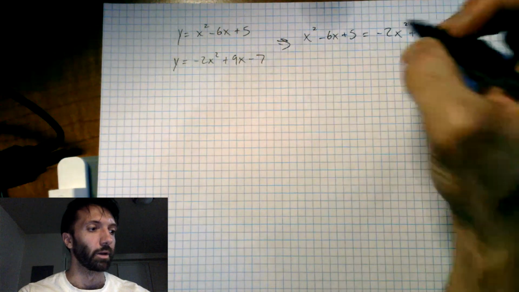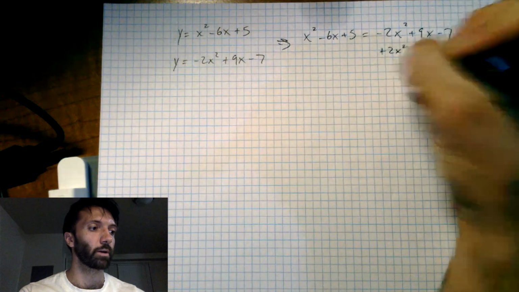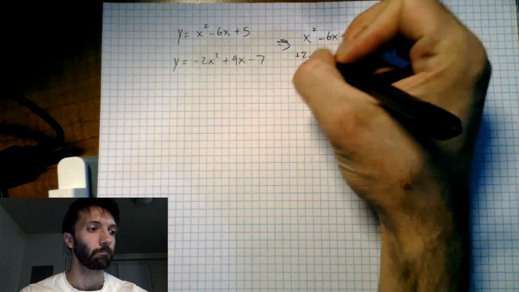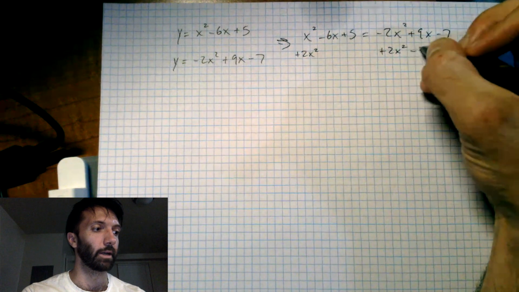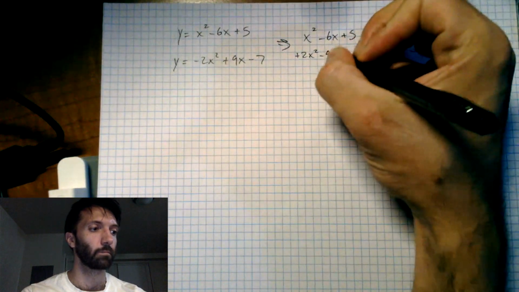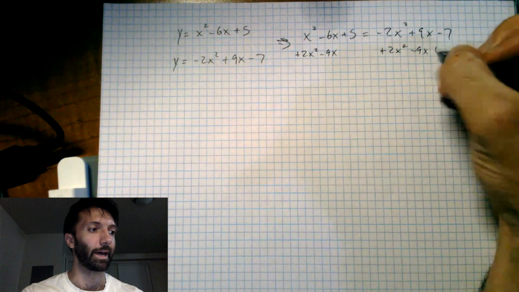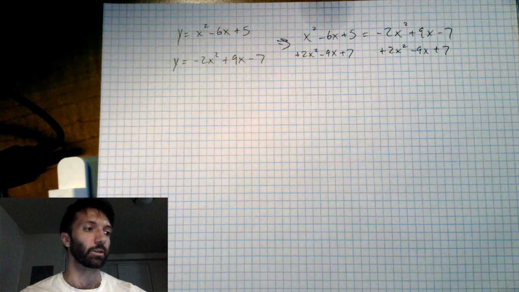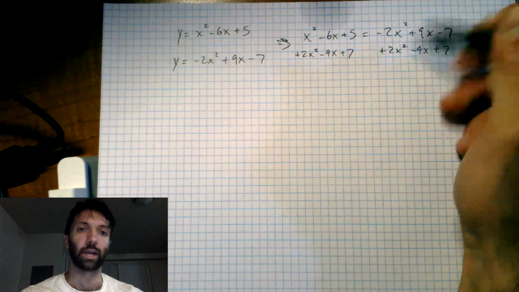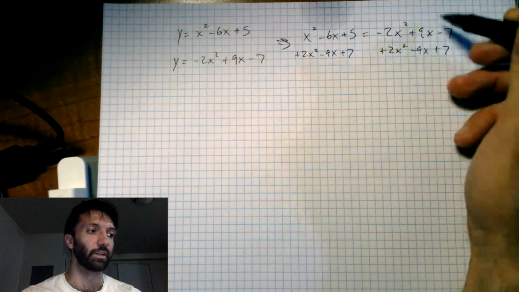So I'm going to add 2x squared to both sides. I'm going to subtract 9x from both sides. And then I'm going to add 7 to both sides. The reason I'm doing that is because I'm trying to get this in standard form, or one side equals 0. So I want to cancel all of these out.